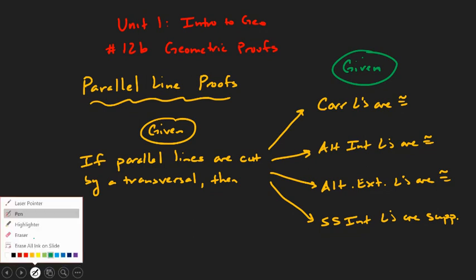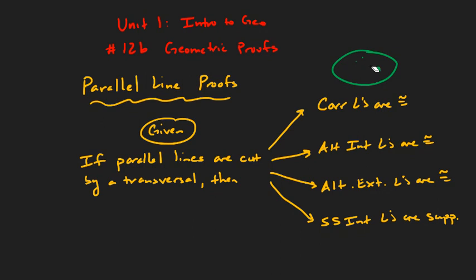So let me erase this, sorry. If we are able to show that one of these 4 relationships is true, then these arrows can go in reverse as well. We can then prove that the lines are parallel. So these relationships go forward and backwards.